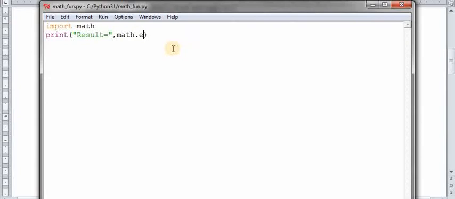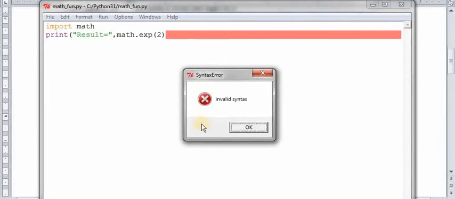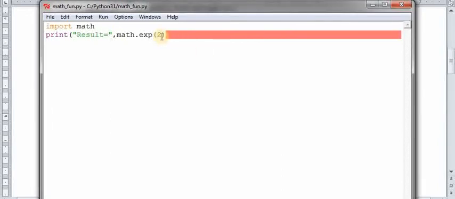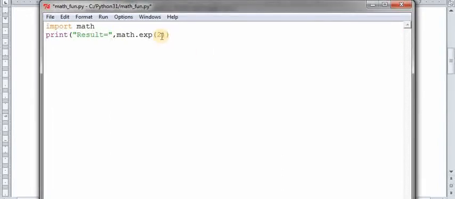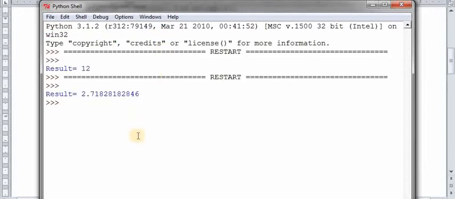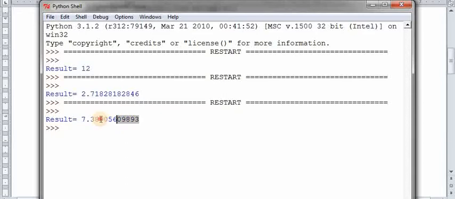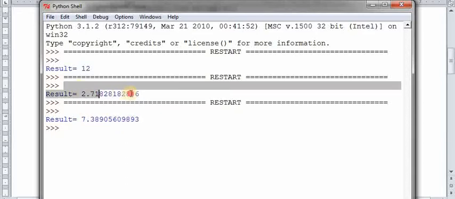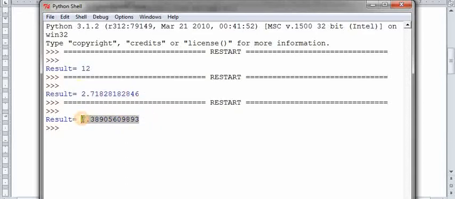Write down exp, and here you have to write a value, suppose 2. So it will return e to the power 2, e square. Here you have to put one more parenthesis. So this is the value of e square. This is the value of e, and this is the value of e square.